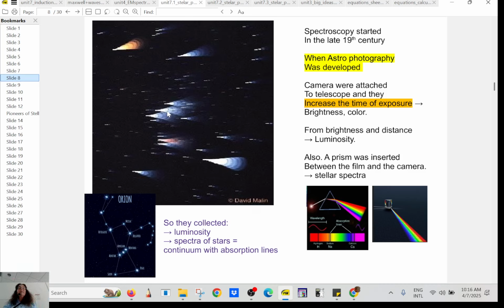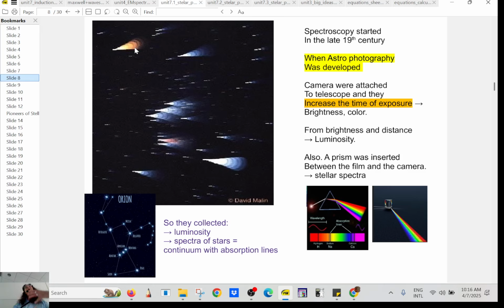Now they had access to long exposure. What you see here is Orion. You see Betelgeuse and Rigel, the belt, the sword and the nebula. With a long exposure, you can analyze the brightness of those stars.